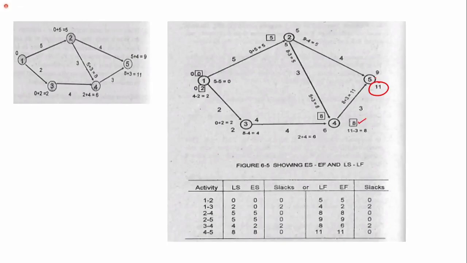Then the late start for activity 2 to 5 is 11 minus 4. I made a mistake again, so it should be 11 minus 4.